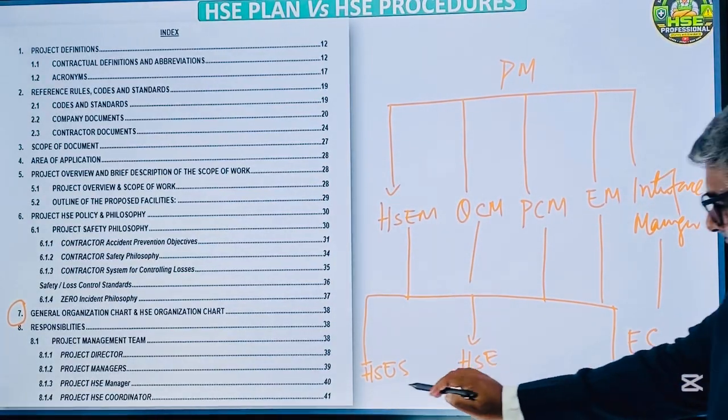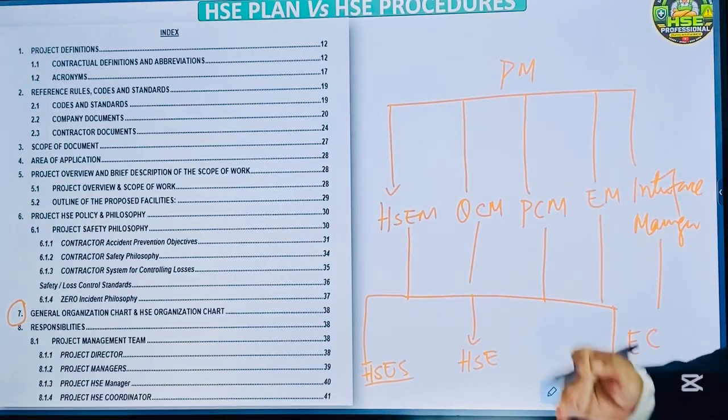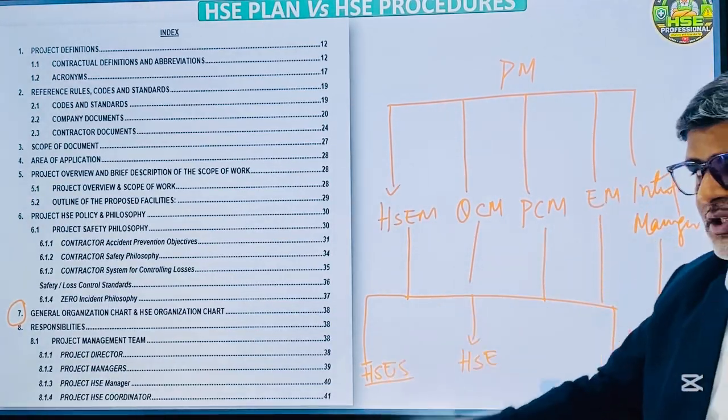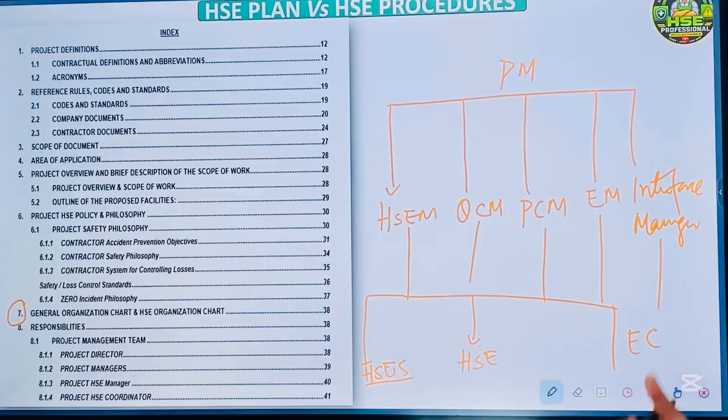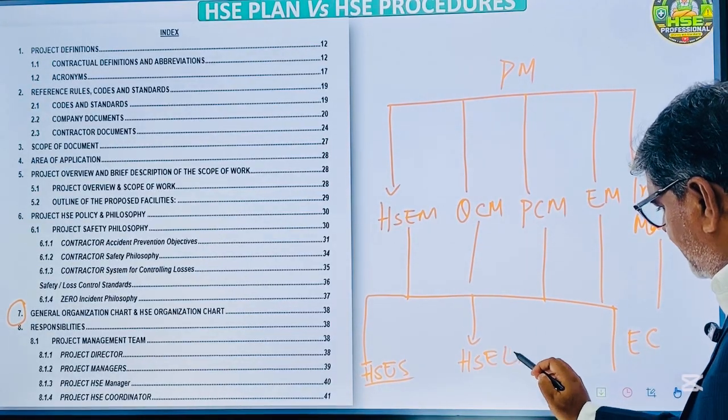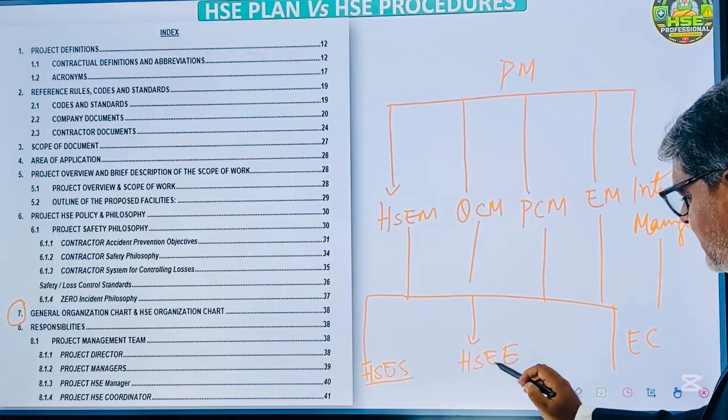Okay, in HSE supervisors there are some safety officers and all the juniors, and associate safety attendants. Okay, safety engineer, HSE engineer, health safety environment engineer.